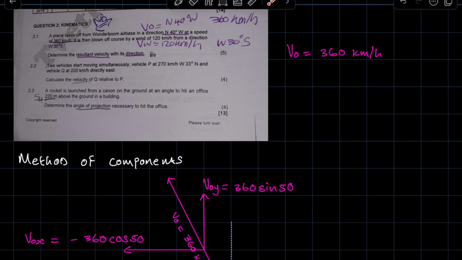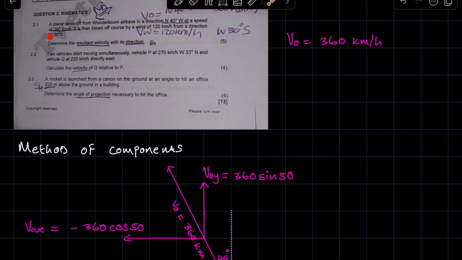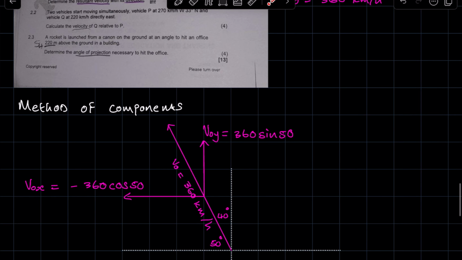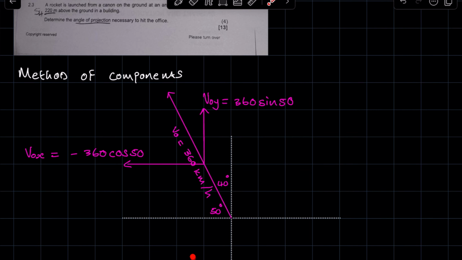Now in this case, they've made things very easy for us. They told us that this wind vector is coming from a direction west 30 degrees south. So because it is coming from this direction, it means it is going in a direction essentially opposite this one. Because it's coming from this quadrant, it is going in that quadrant.